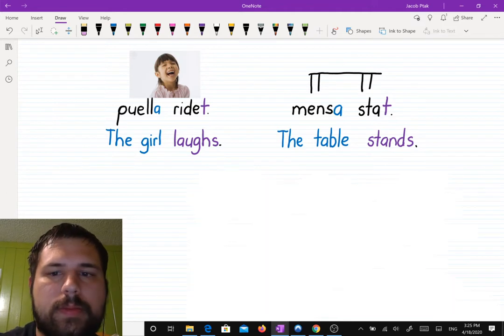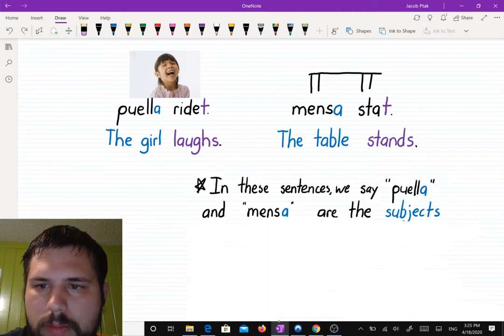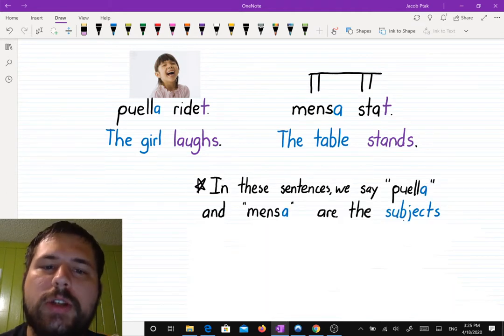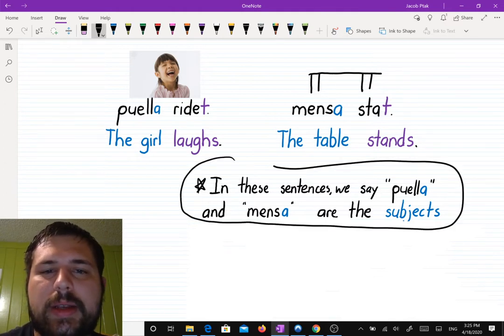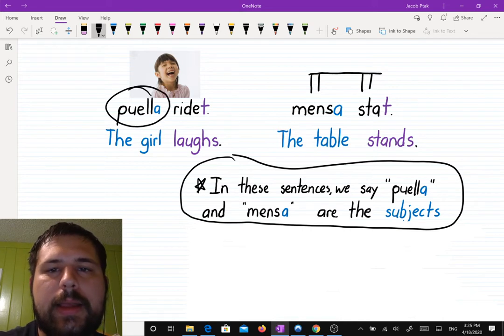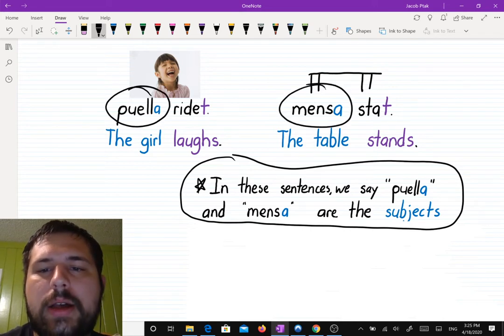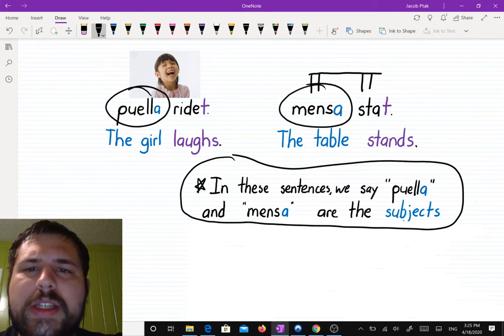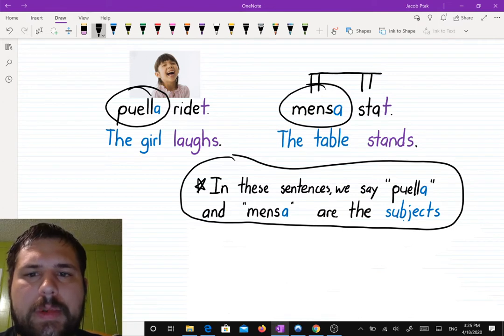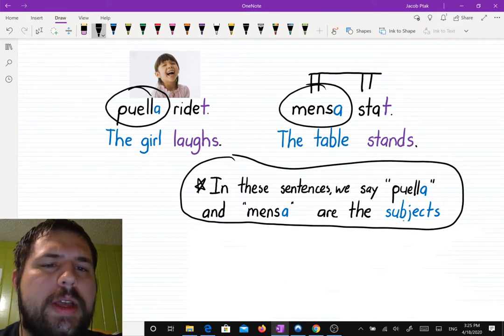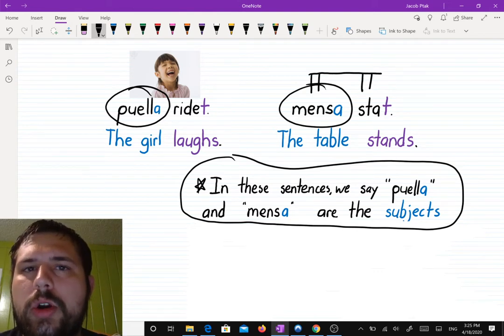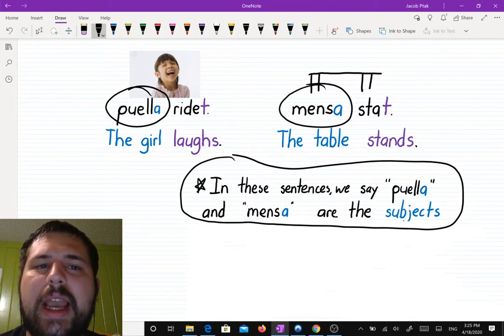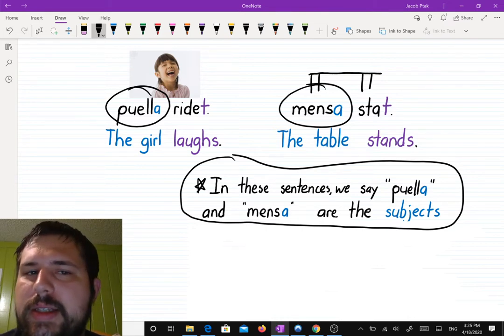First, we say that in these sentences, Puella and mensa are the subjects. They are what we call the subject. Now, a subject is simply the word that does the action in a sentence.